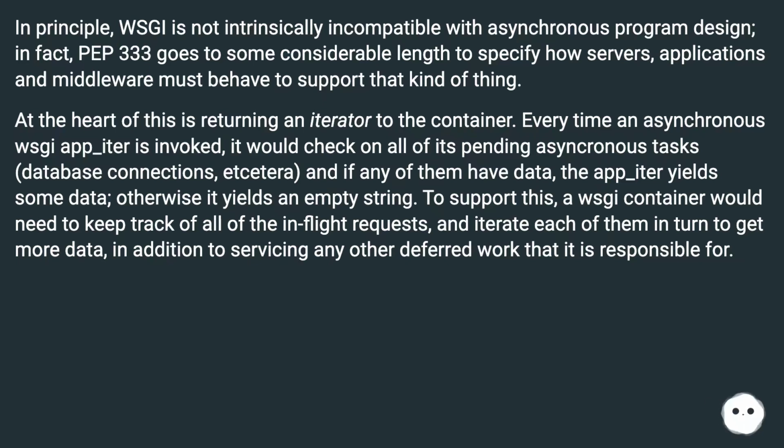Every time an asynchronous WSGI app_iter is invoked, it would check on all of its pending asynchronous tasks, database connections, etc., and if any of them have data, the app_iter yields some data, otherwise it yields an empty string. To support this, a WSGI container would need to keep track of all of the in-flight requests and iterate each of them in turn to get more data, in addition to servicing any other deferred work that it is responsible for.